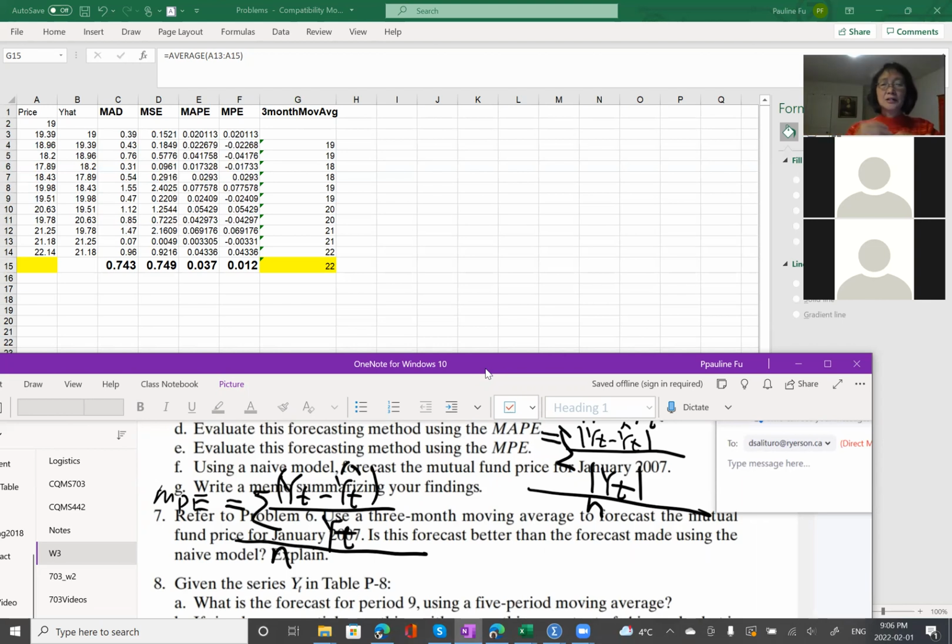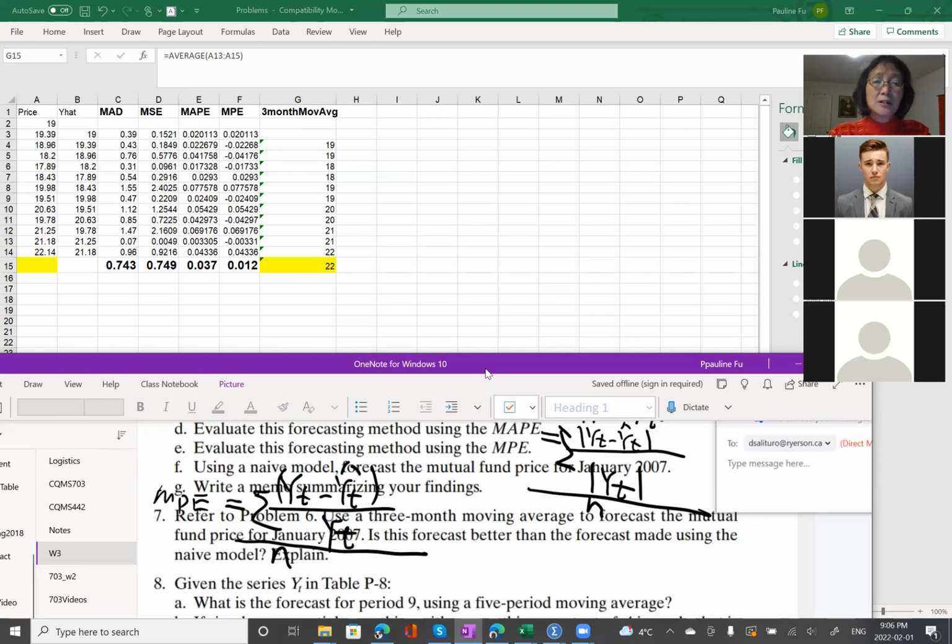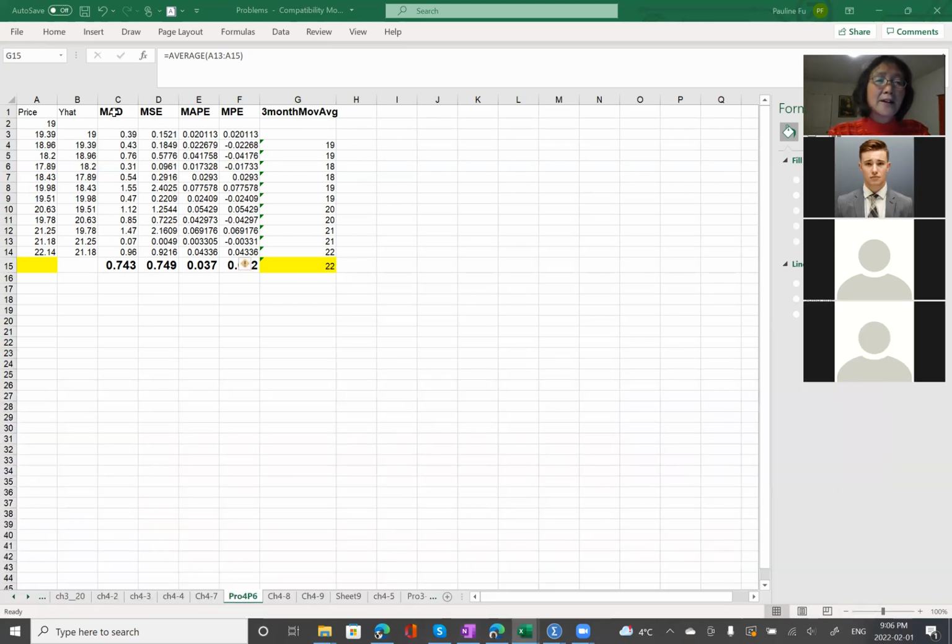Any idea? How do you compare naive with the 3 months moving average? Do you take the forecasting errors of both to see which one is better? You need to calculate those measurements, MAD, MSE, and so on, to see which one is smaller. The smaller the number, the better the forecast technique.